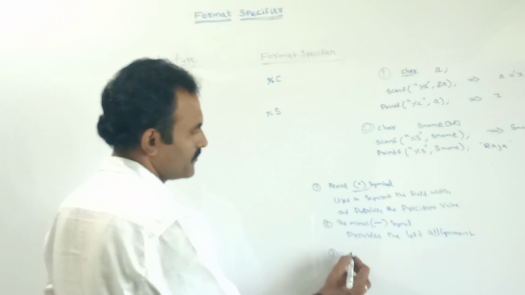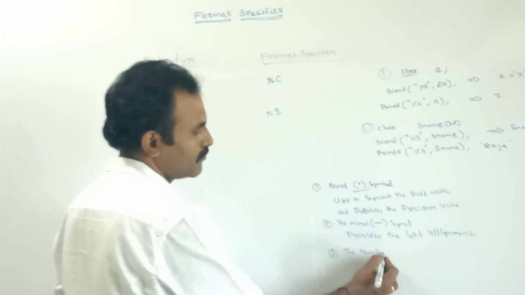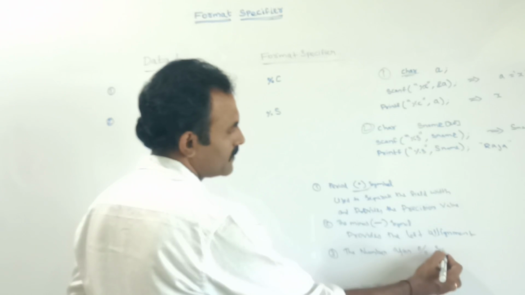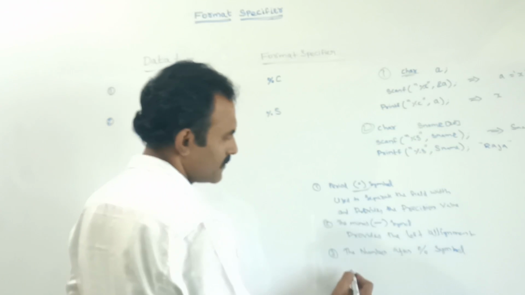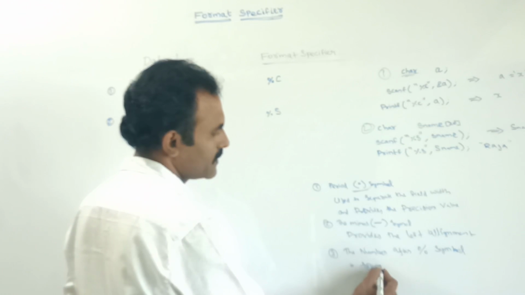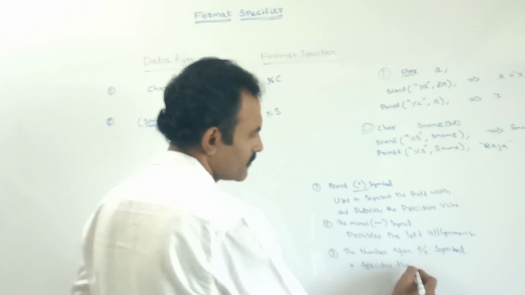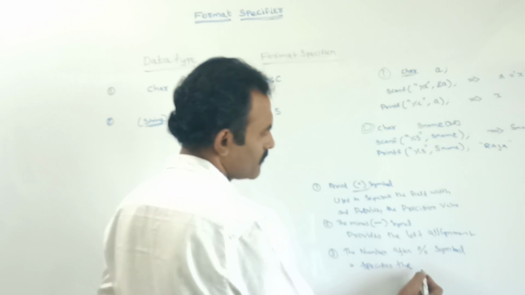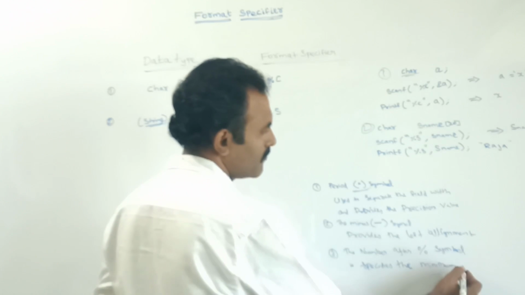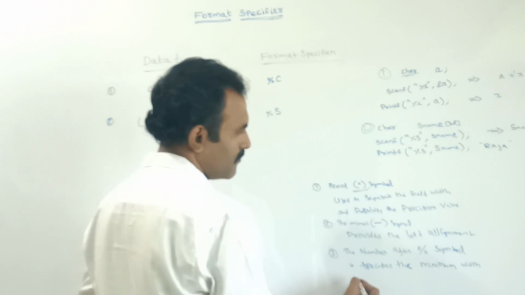And the third one, the number after the percentage symbol. It specifies the minimum width.